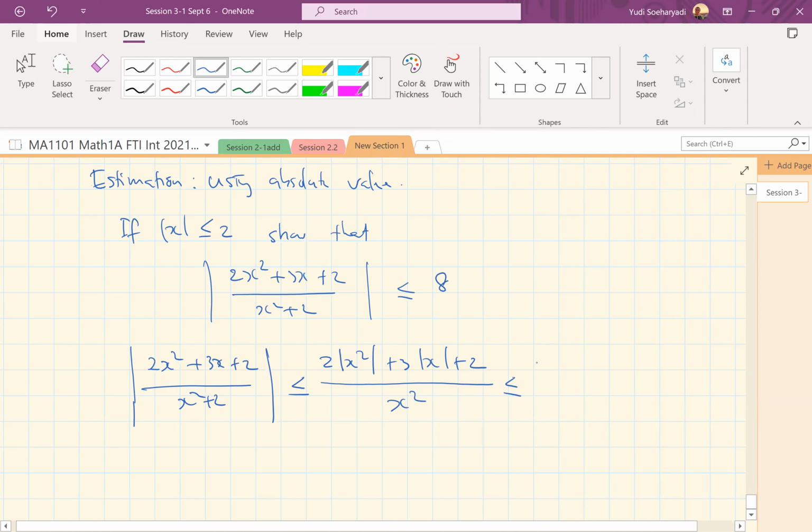Then this is 4. This is 3 times 2 is 6. And this is, let's see. Oh, sorry. Just make it something easy. This is just 2. Okay. So with this 2, this 1. So this becomes just 8. Okay. How we compute such a thing?